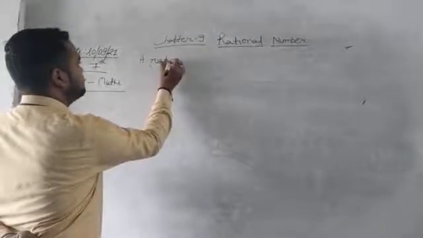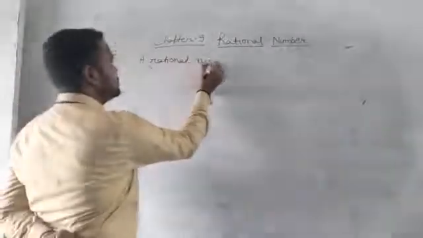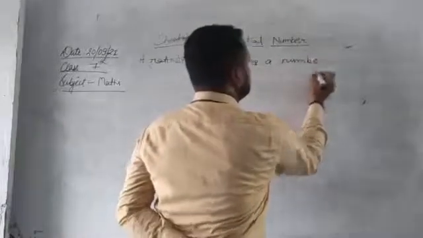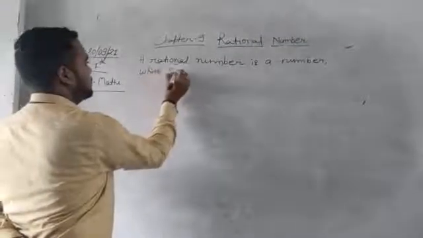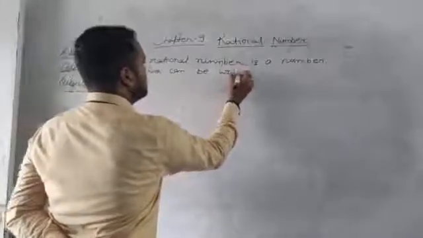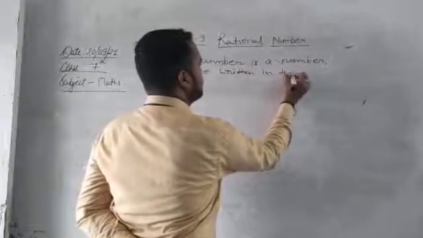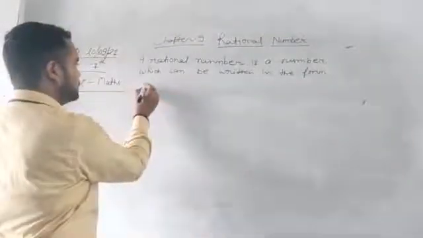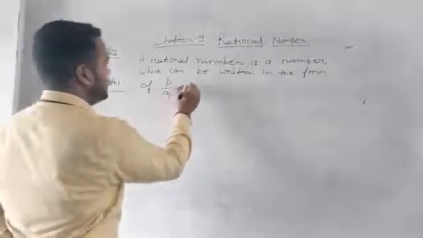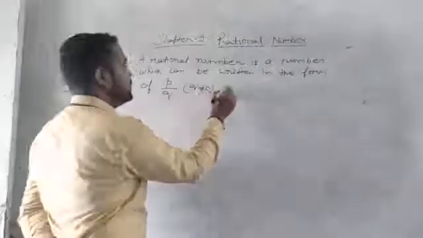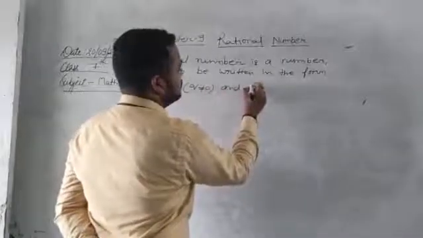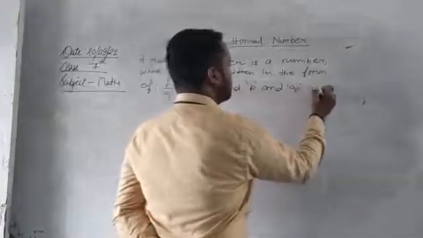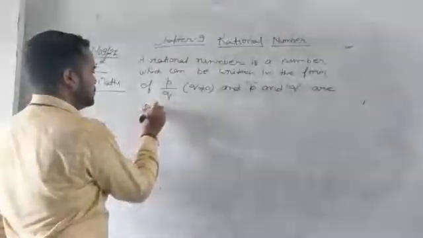A rational number is a number which can be written in the form of p by q, where q is not equal to 0 and p and q are integers.